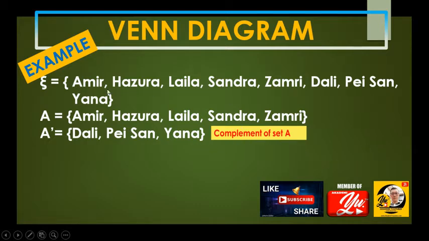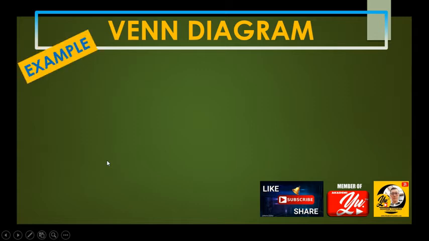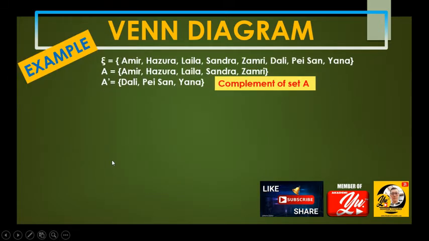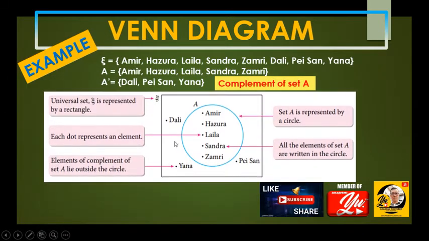So how to represent universal set and set A? The first step, we want to draw a universal set. Universal set is represented by a rectangle. We draw one rectangle.